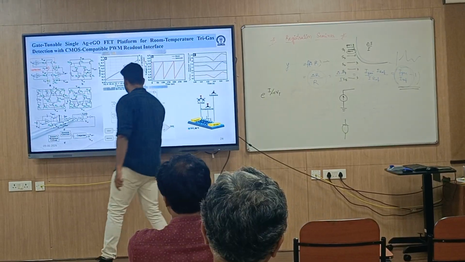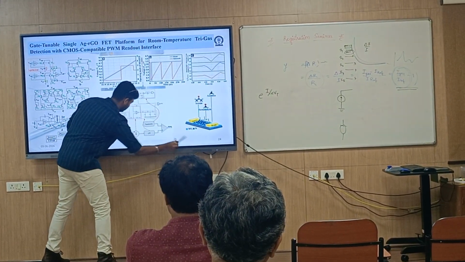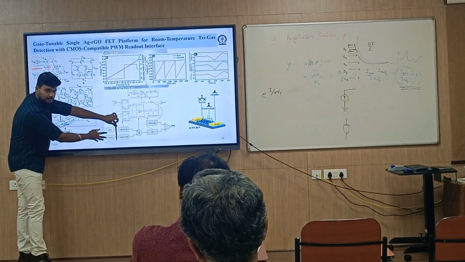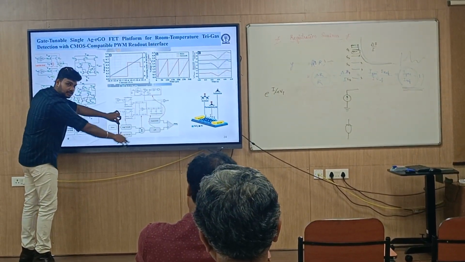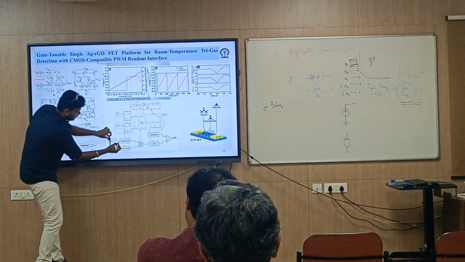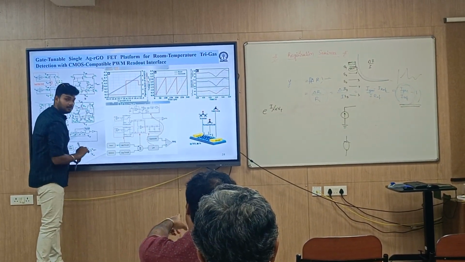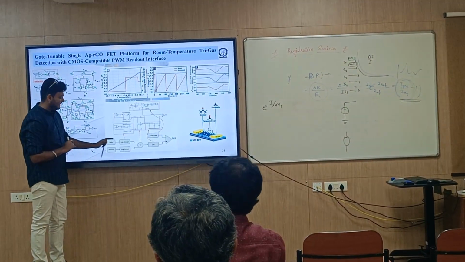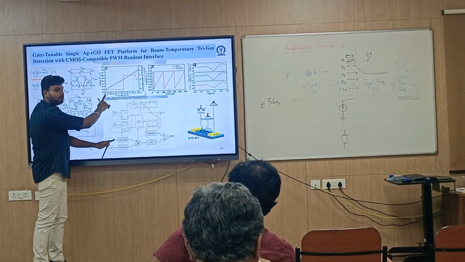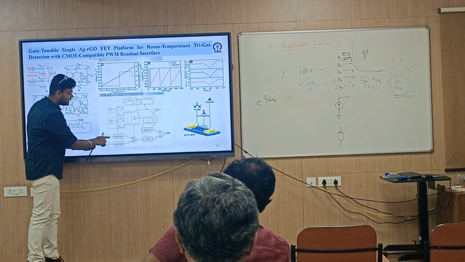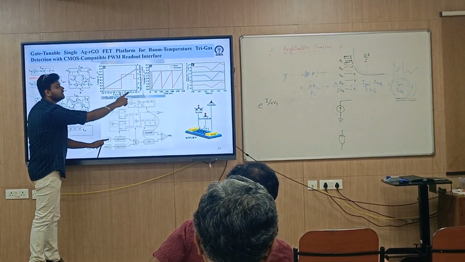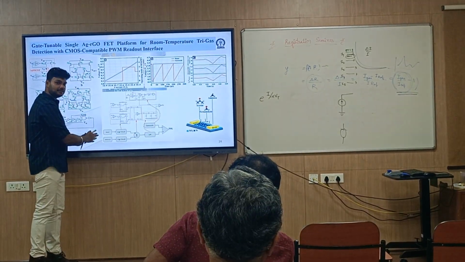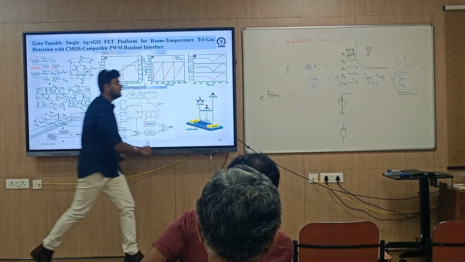No. This part is MEMS, it is not considered in an integrated circuit, so don't do that at that point. I will remove it. At that point we are varying from nanoampere; my sensor is giving current from nanoampere to milliampere.